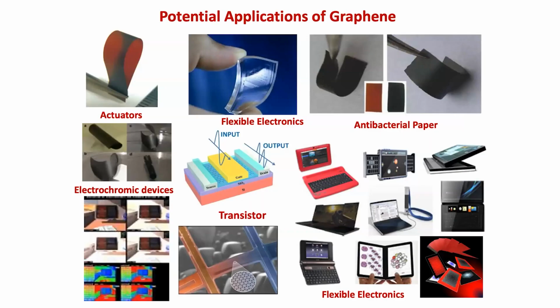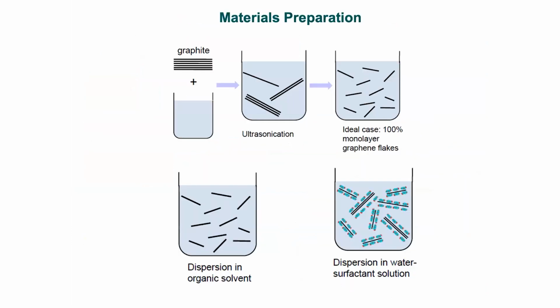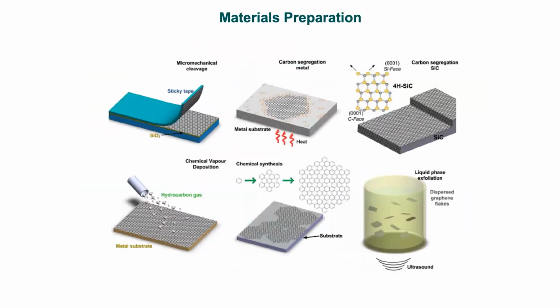Its use is well known in solid-state devices, flexible electronics, actuators, electrochromic devices, etc. What is not so well known is its ability to kill bacteria or other pathogens when properly oriented or in high concentrations. For example, graphene can be prepared by micromechanical cleavage of graphite, carbon segregation, metal catalyzed deposition on surfaces, or step-by-step synthesis.